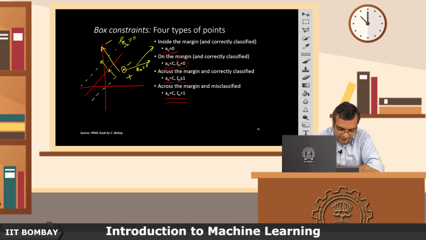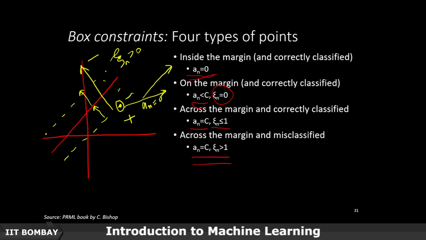And any point that intrudes into this space or gets misclassified, for that alpha n is going to be exactly C. Now, the good thing about this formulation is that every point that intrudes into the margin or goes across the margin, its influence does not increase, its influence always remains C. It is capped by C, so that is the box constraint.